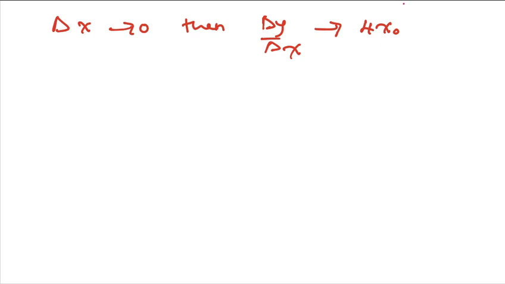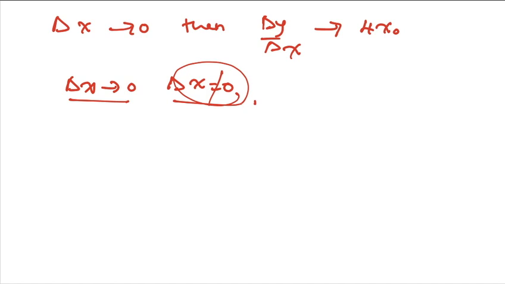Another way to look at it is, when we say change in x approaches 0, that doesn't mean that change in x here is actually equivalent to 0. It's just approaching 0, okay? We are not talking about this. We talk about change in x approaches 0. It will not be 0, but it approaches 0.